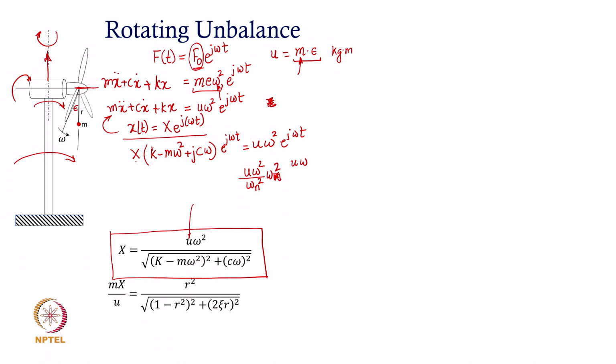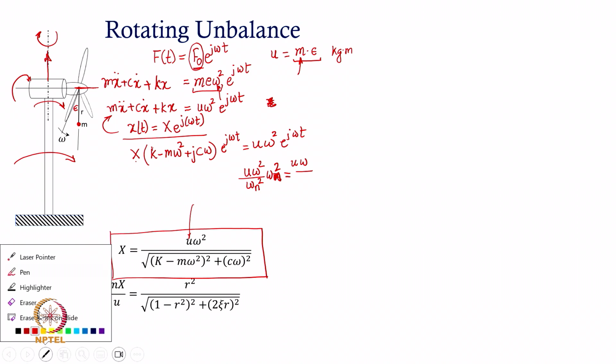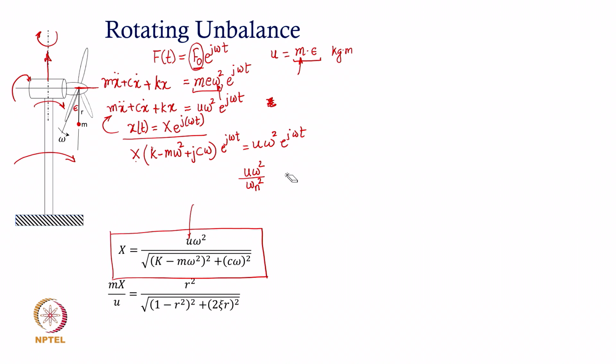So, I am multiplying and dividing it by omega n square. Let me make sure that we are on the same page here. So, this term now changes to what? Omega upon omega n whole square is r square, okay, and omega n square is what? k over m.